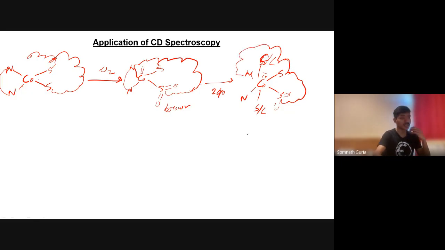It has some different CD activity. So it is a CD spectra. This is how, 24 hours.